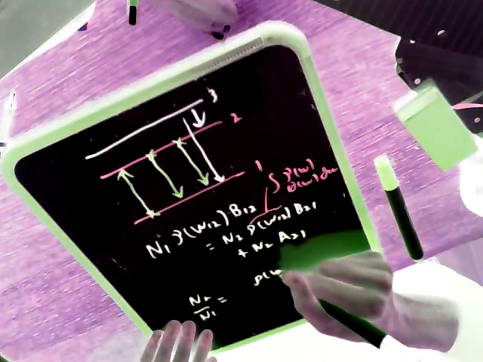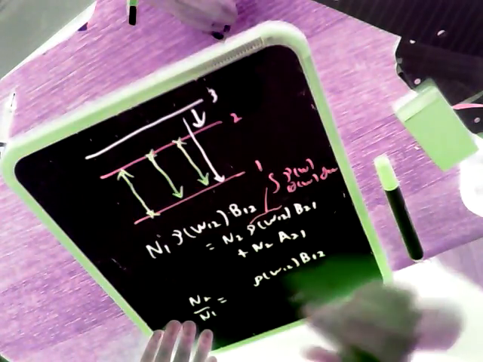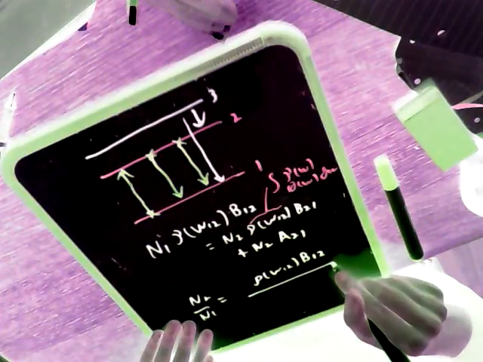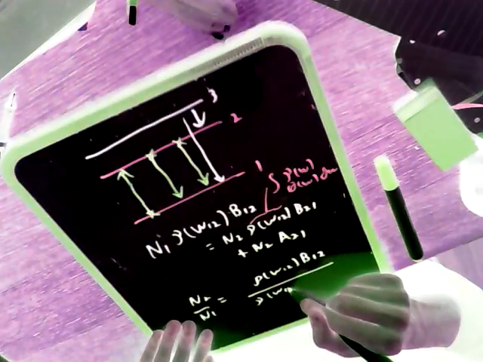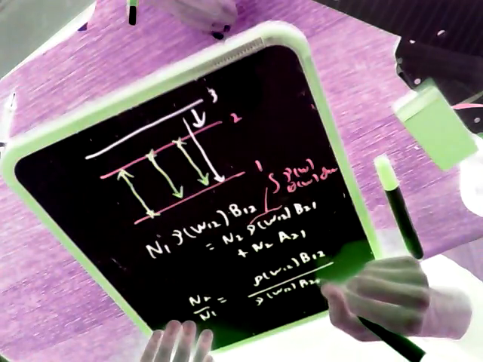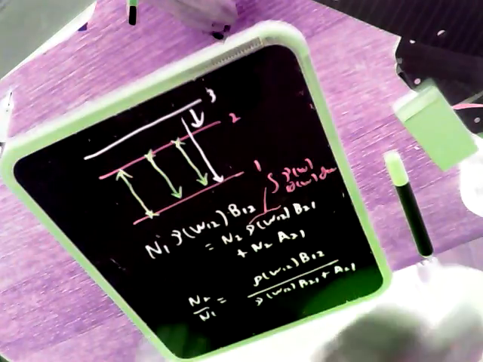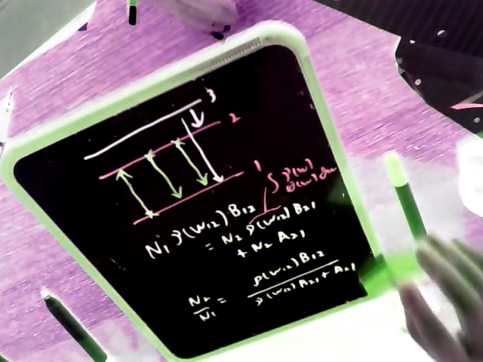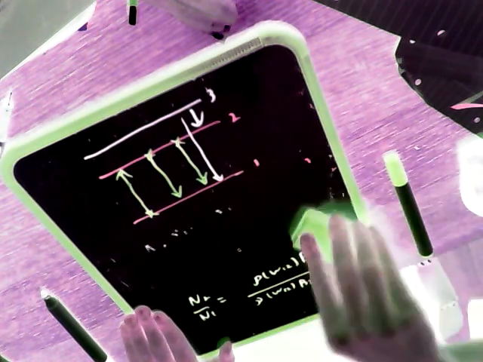rho omega 1 2 times B 1 2 over rho omega 1 2 B 2 1 plus A 2 1. So that is that relationship, and we don't need these pictures anymore.